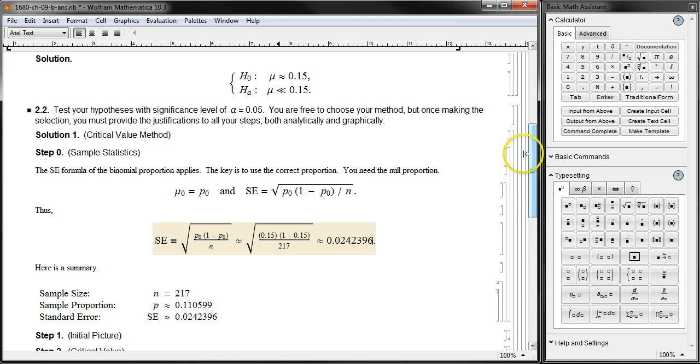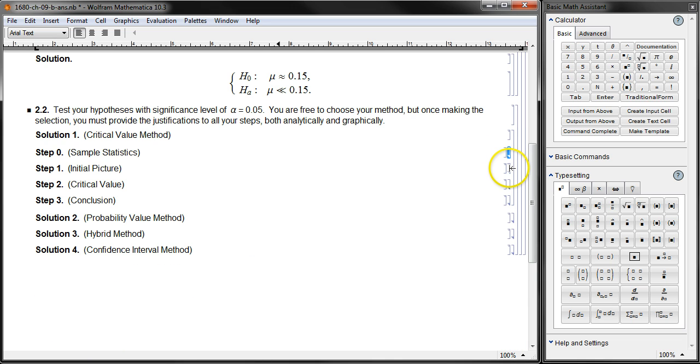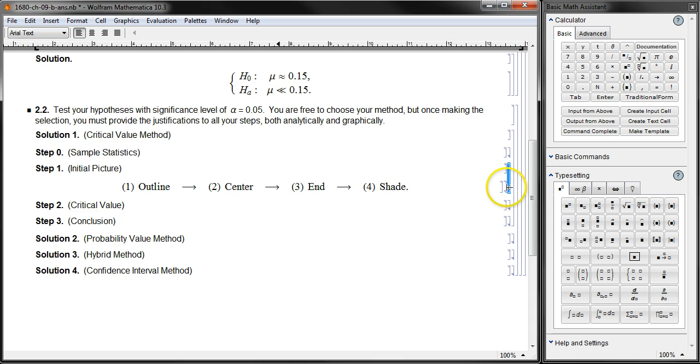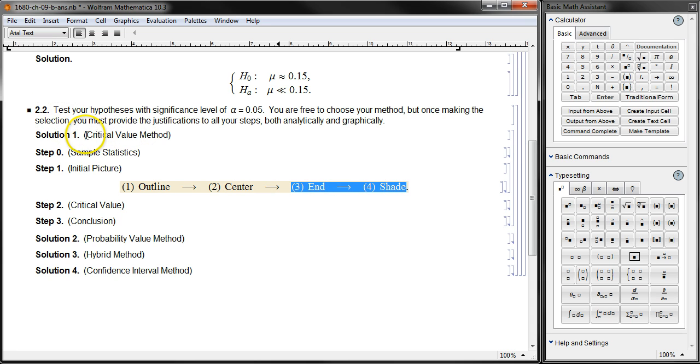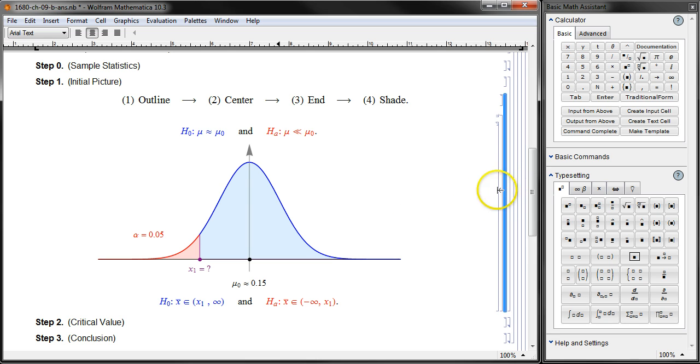Okay, now the sample statistics are done. Let's go over to the initial picture. And here we go. Outline, center, end, shade. Ending and shading, those must reflect the critical value method. Here we go. 0.15, and we want to find that critical value here.